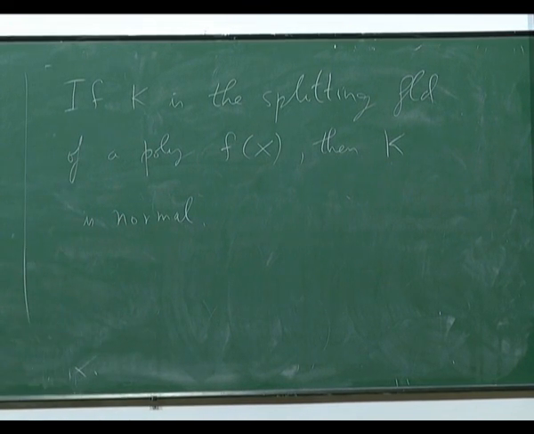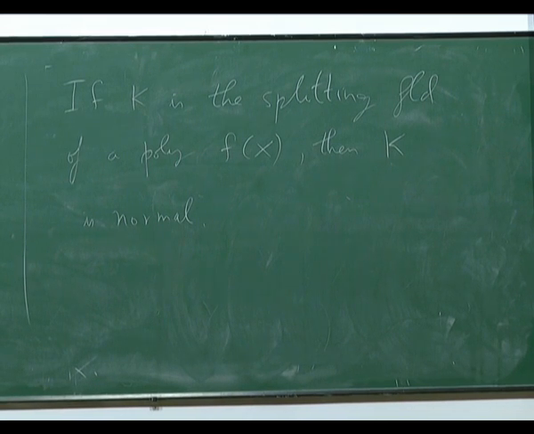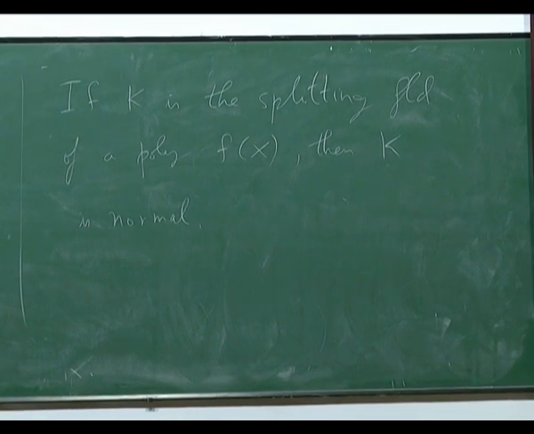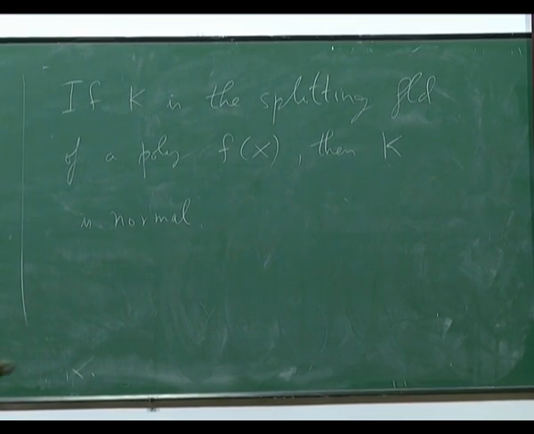And conversely, at least in characteristic 0, if you have a normal extension, in characteristic 0 it is automatically separable and it is a splitting field of an irreducible polynomial.